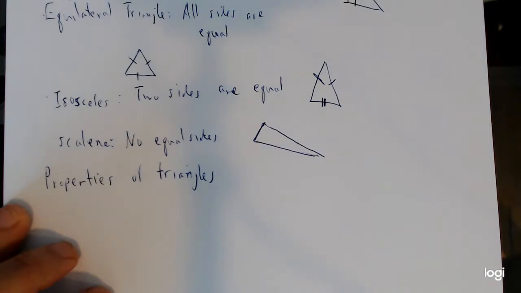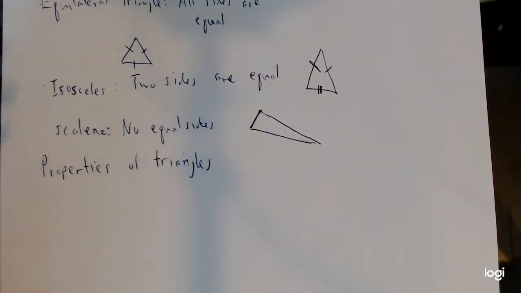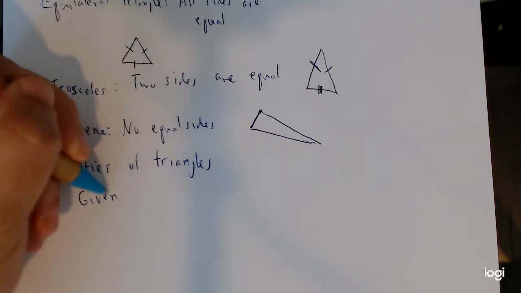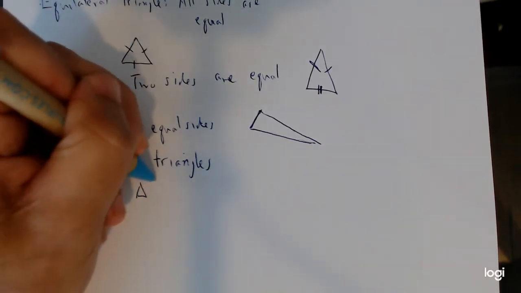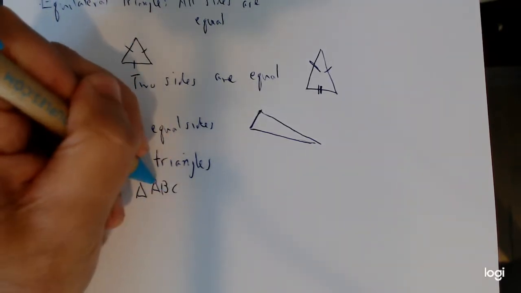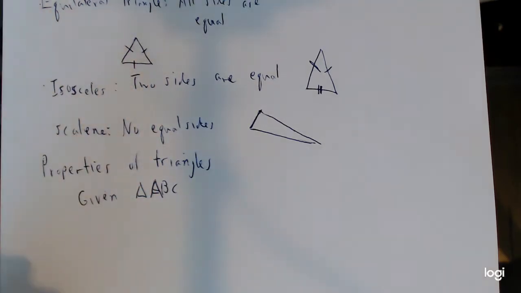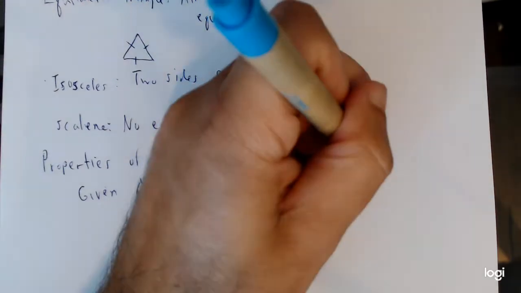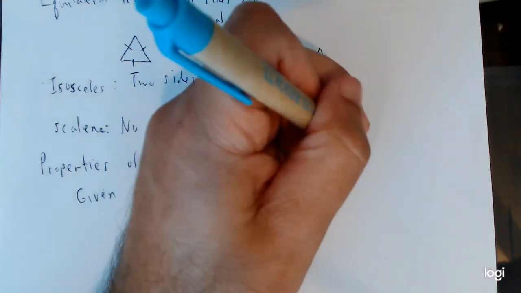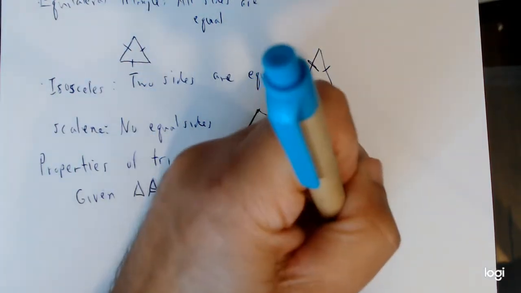Let's start off with a picture. Given a triangle ABC, let's draw it off on the side. I'm just going to draw some generic triangle.